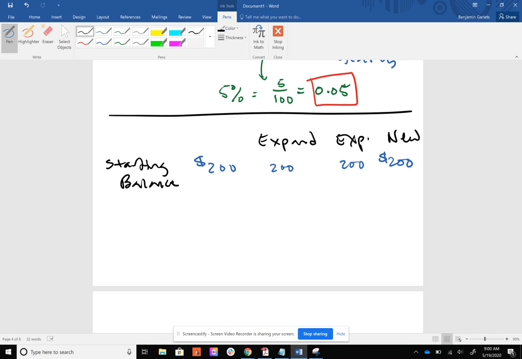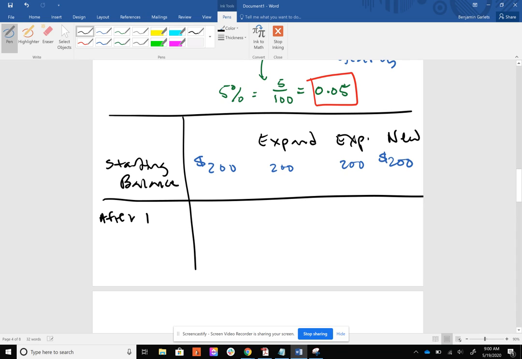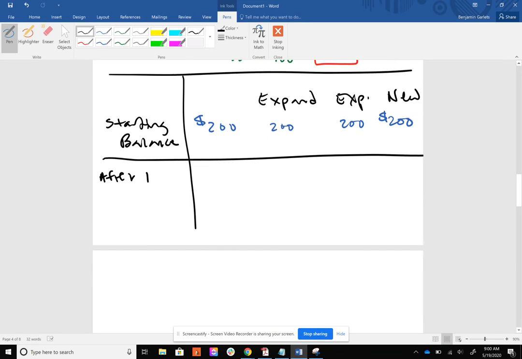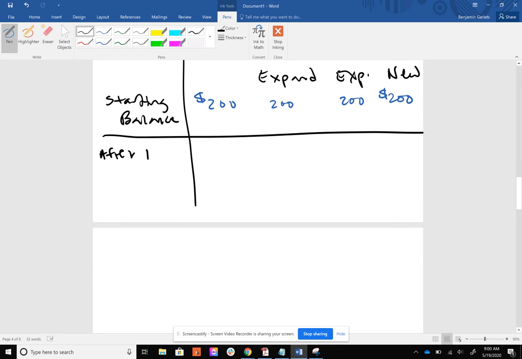So this money has sat in this account for 1 year. So after 1 year, the question is, how much does it gain? So when we look at that, before we continue our table, $200 is going to undergo, and it's going to go 100%, and then we're gaining 5% after 1 year.